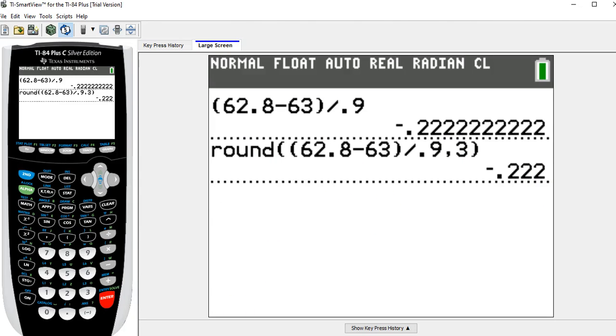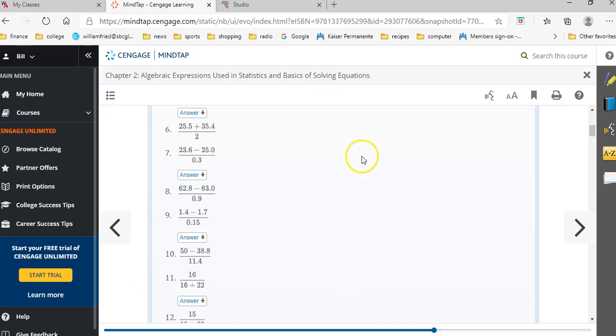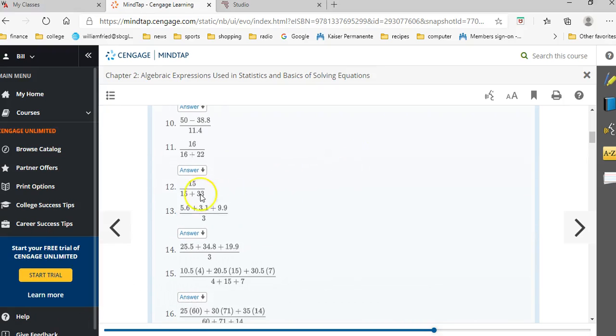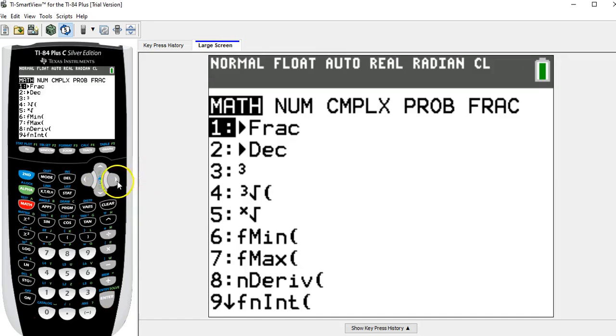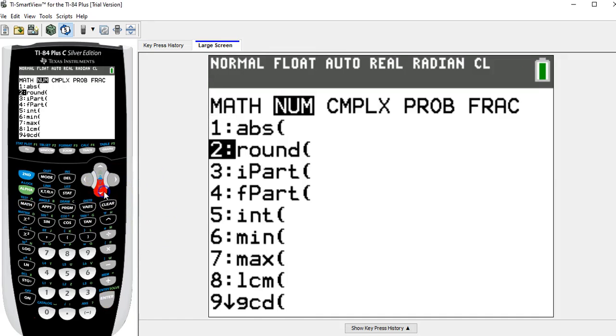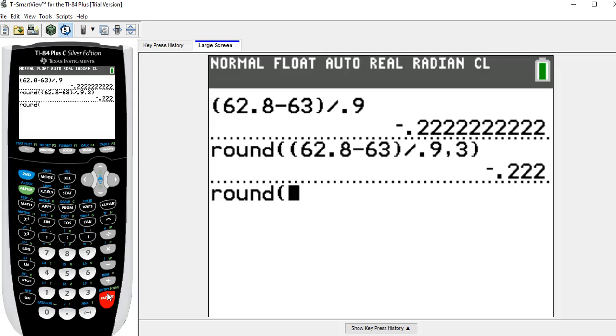Similarly, if I take another one, this is number 12 here, where they have 2 numbers on the bottom and a single number on the top. I'm going to put a parentheses around the 2 numbers on the bottom. So to do number 12 on the calculator, I'm going to do the rounding thing. Math, num, round. The calculation says 15 divided by 15 plus 33.